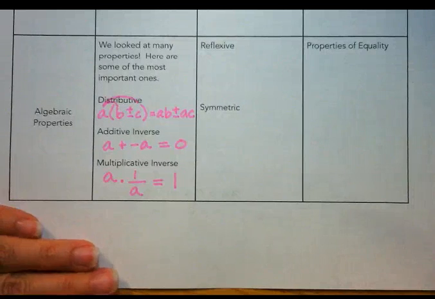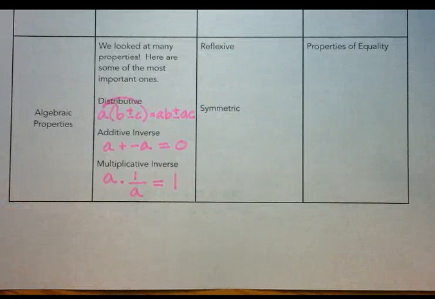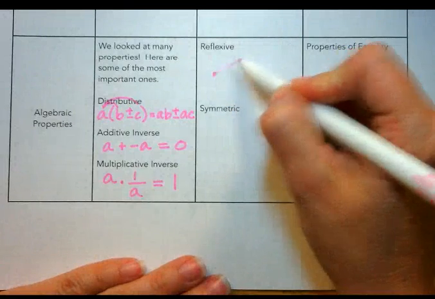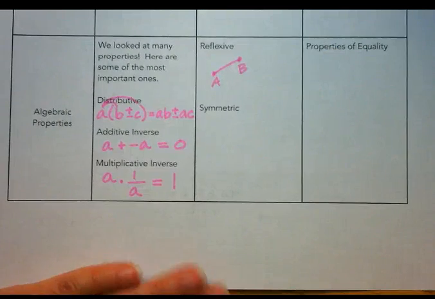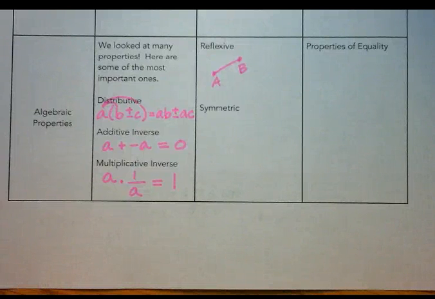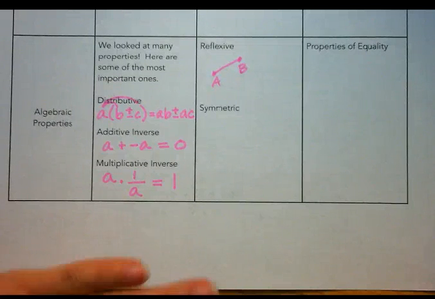Reflexive property, when we were going through the properties, I told you that eventually we would get to where you would need to use that. And that was once we got to geometry. So if you remember when we looked at segments like AB, we would say that AB is congruent to AB because that's reflexive property.